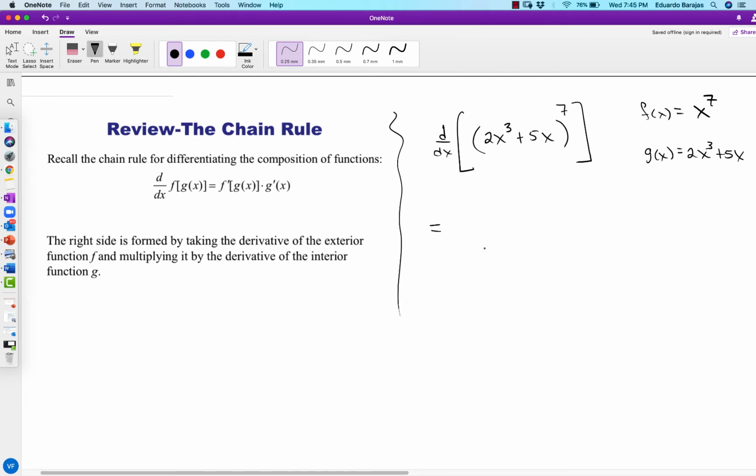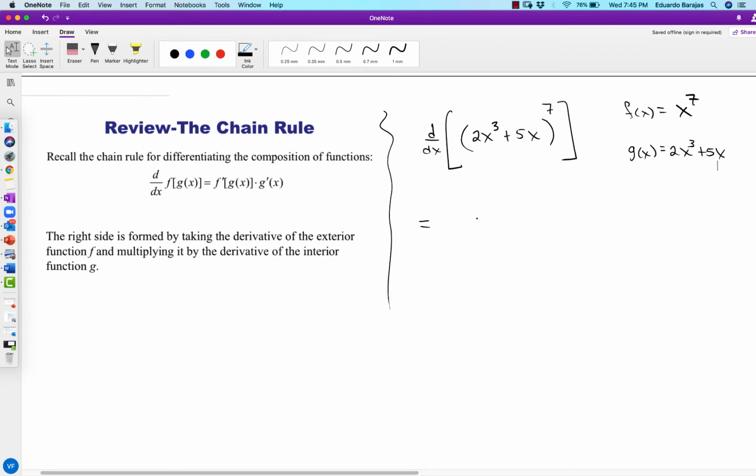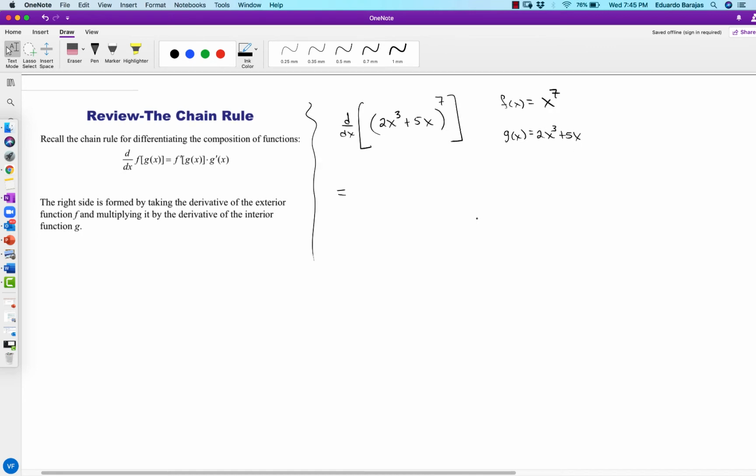So here, I'll write this down. If this is how we define the f function and the g function, then f evaluated at g of x is equal to exactly that.